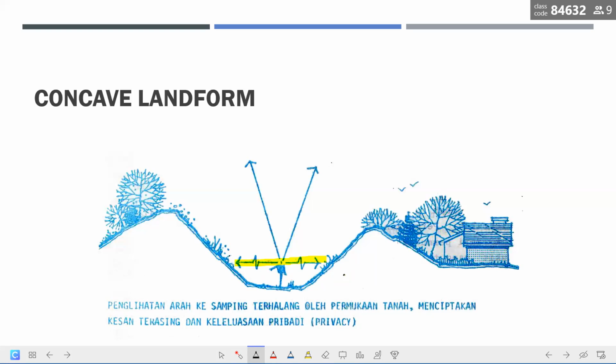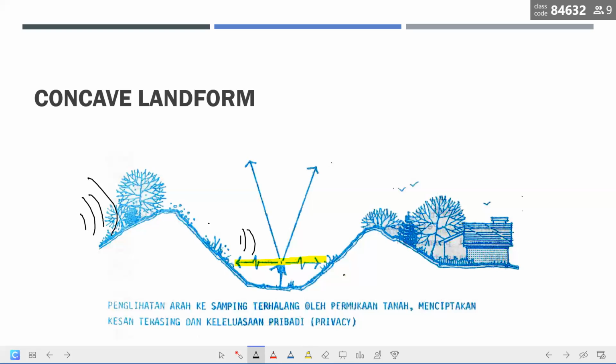Concave landforms are a bit more isolated in that they usually have built-in barriers surrounding them. Therefore, it's usually less noisy here than it is out there. And yeah, privacy. There are no prying eyes from other places.